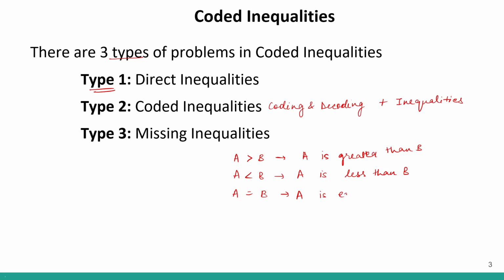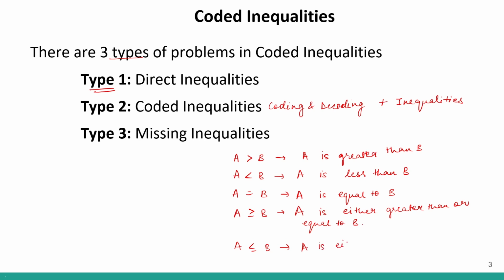A is greater than or equal to B means there are two possibilities: A is either greater than or equal to B, correct? Similarly, if we have this symbol, it again means two possibilities: A is either smaller than or equal to B, correct? So these are the only 5 symbols that we use while solving the questions for coded inequalities.